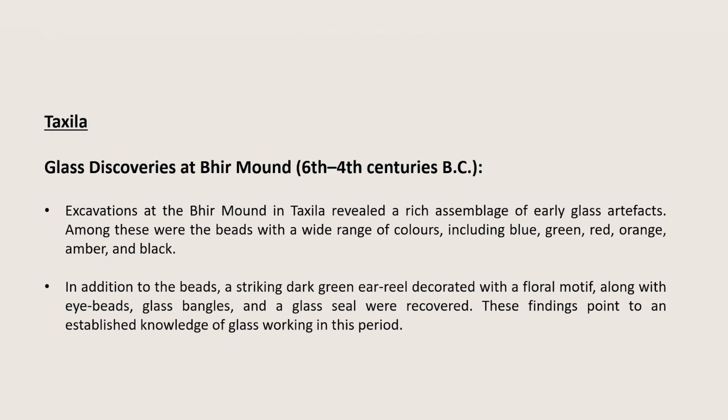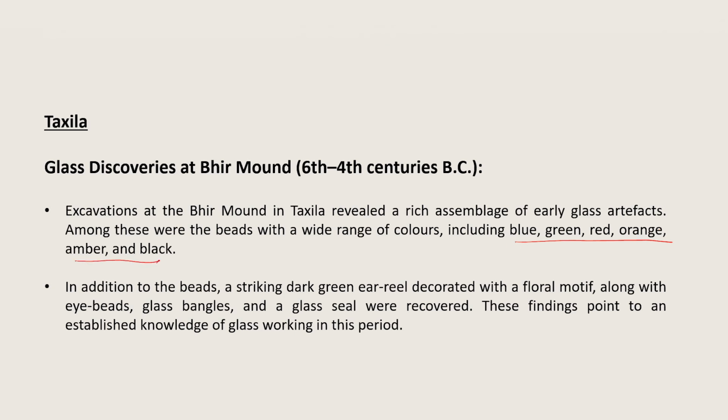Now, an example or evidence from Takshashila: glass discovery at Bhir Mound, 6th to 4th century BC. Excavation at the Bhir Mound in Takshashila revealed a rich assemblage of early glass artifacts. Among these were beads with a wide range of colors including blue, green, red, orange, umber and black.